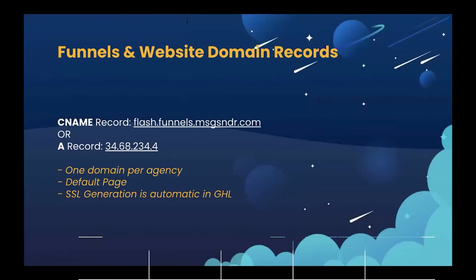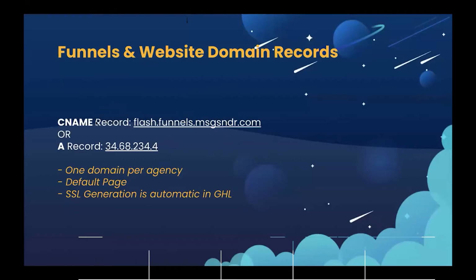So now we're just going to jump into how we set up our Go High Level funnel and website domain records. Whenever we have a website, we want to set up our domain, so we've got to set up the DNS records. These are the values. You don't need to remember these, because when you go and set it up, you'll see it in the settings as well, and I'll show you what I mean.